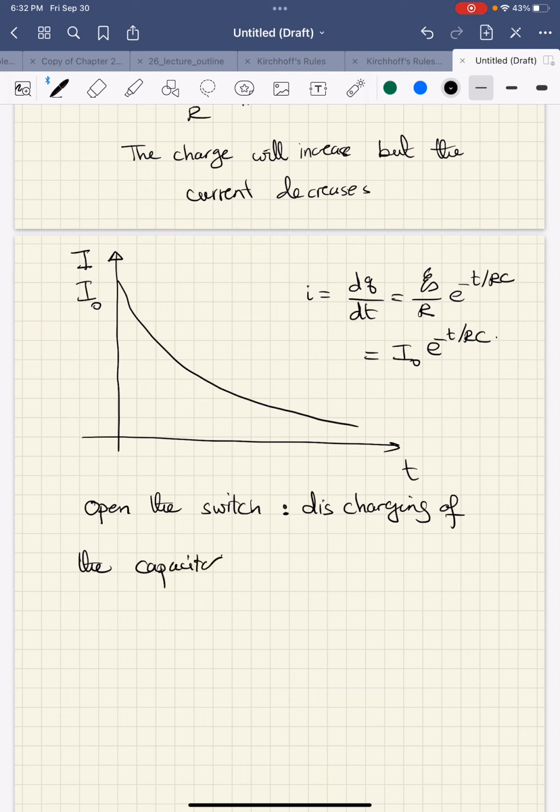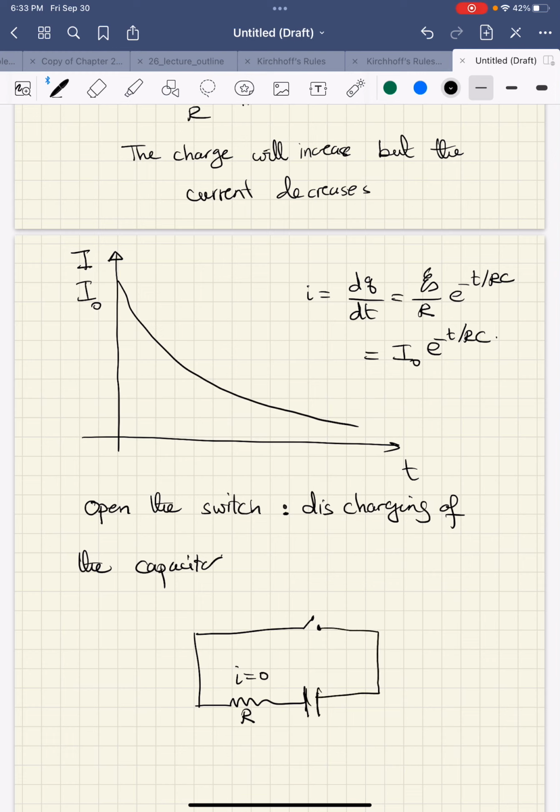First, when I started, the current was I equals 0 across the resistor, because the capacitor had reached full charge.